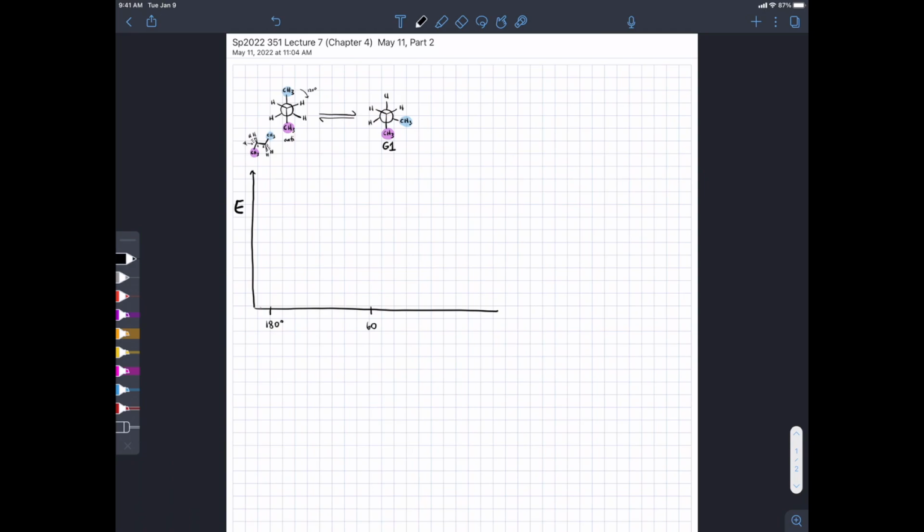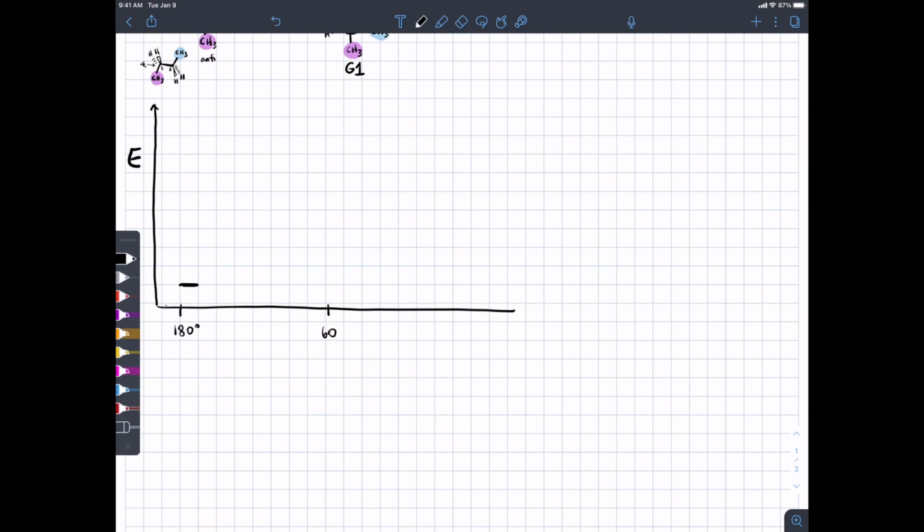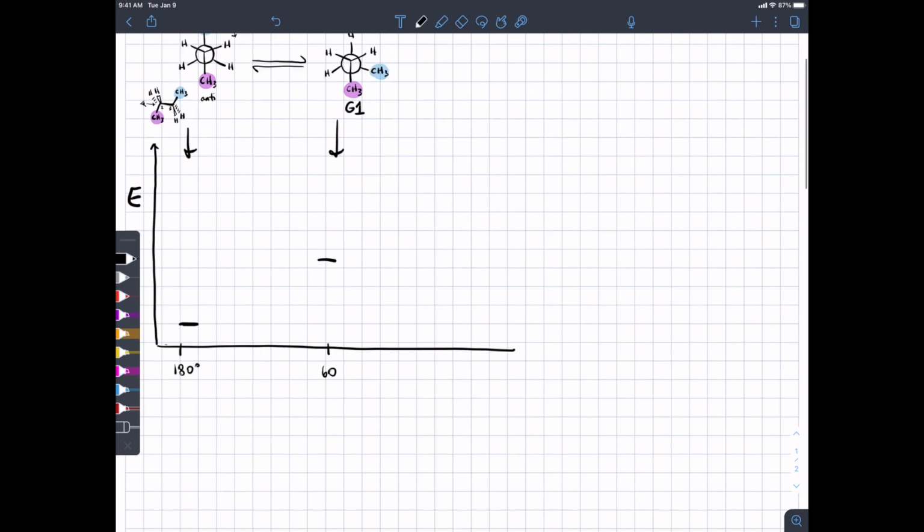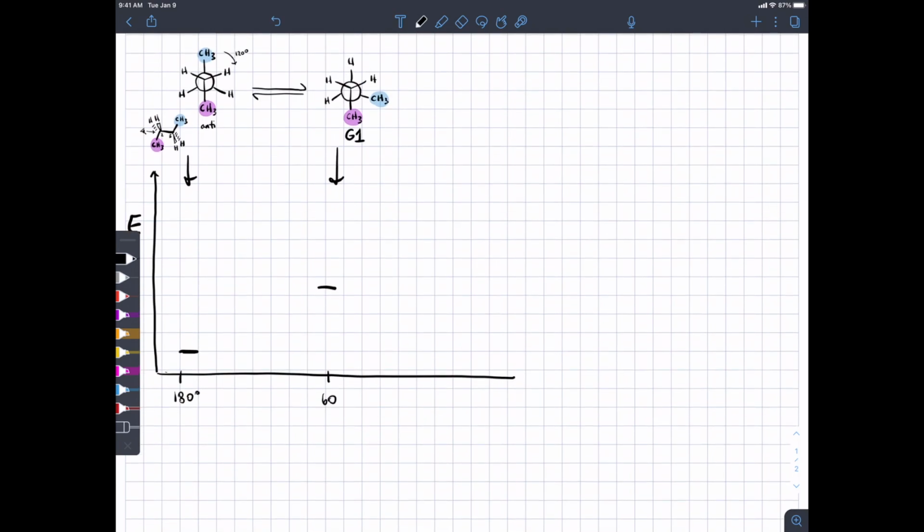E is for energy. All right, so the anti-conformation is most stable. We're going to put that here. That's an energy minimum. And then the gauche conformation, we've said, is about 3 kilocalories per mole higher. So I'm going to let each block here equal a kilocalorie per mole. So the anti-conformation's there, the gauche conformation's there, and the energy difference between the two is around 3.5 kilocalories per mole.